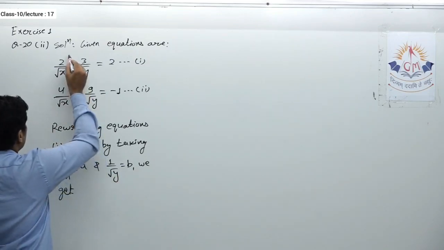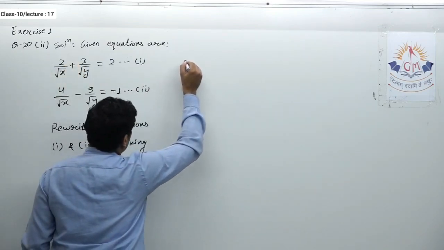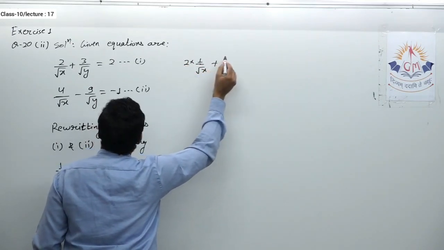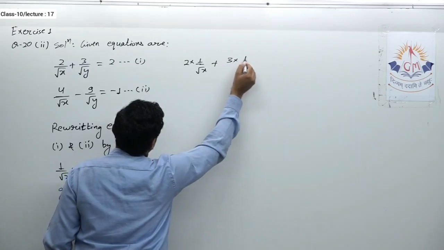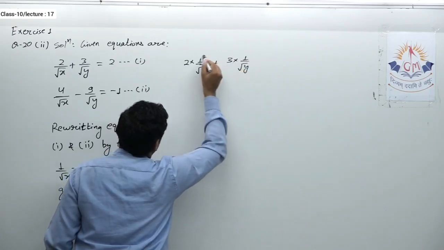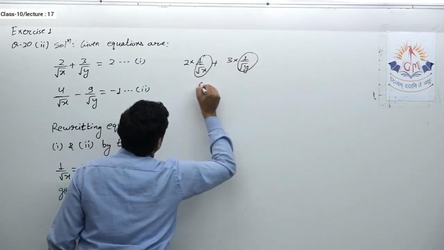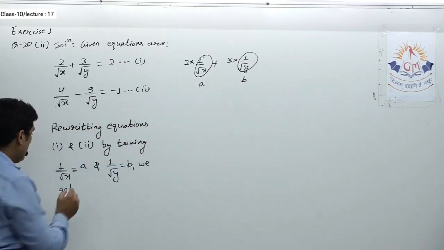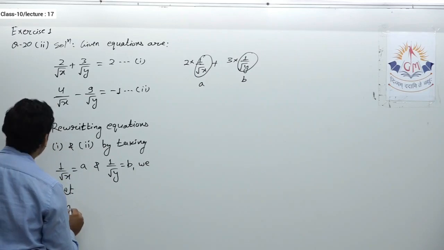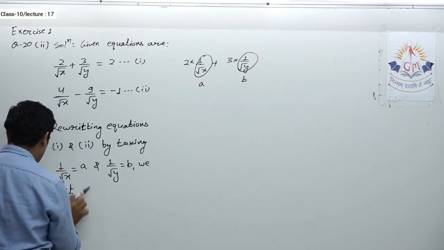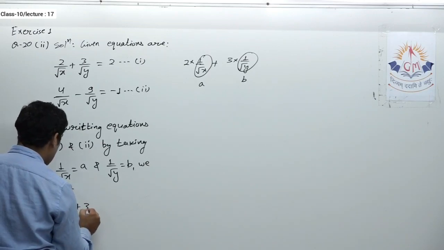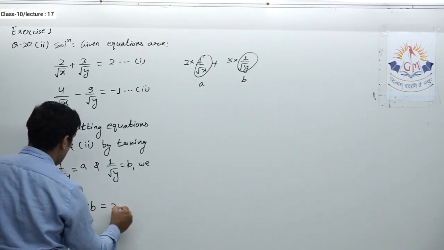See here, it is 2 upon root x, that means 2 into 1 upon root x. Similarly, 3 upon root y is 3 into 1 upon root y. So now I am doing this replacement: here I am writing a, here I am writing b. So this will become 2a plus 3b is equal to 2.